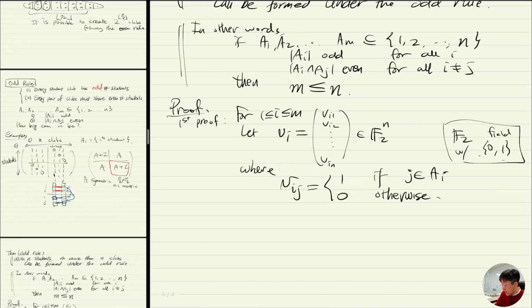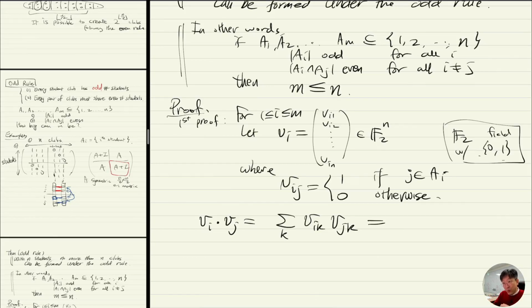Now let's look at the inner product between two vectors, vi dot vj. It's a sum over all k of vik times vjk.